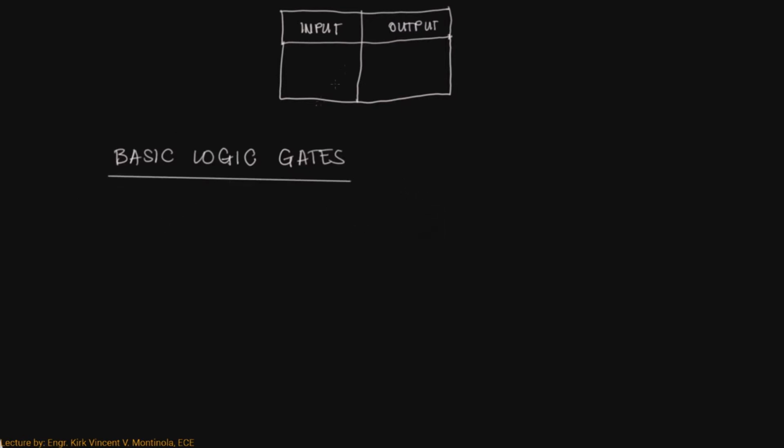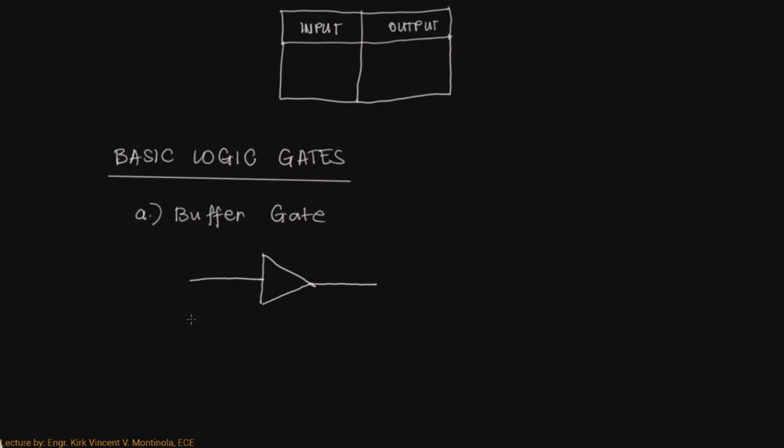Okay, first we will be talking about the buffer gate. Okay, this is its symbol. It's like a symbol of an amplifier. We have one output only, and one input.